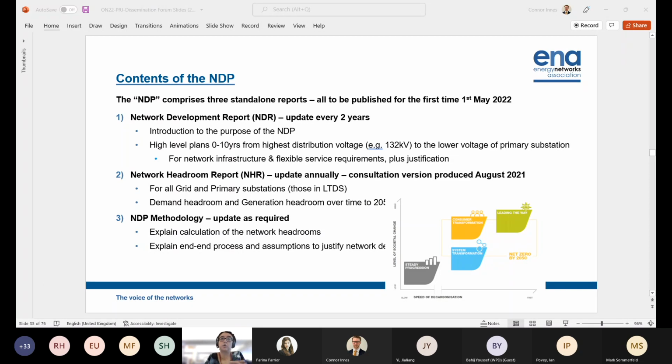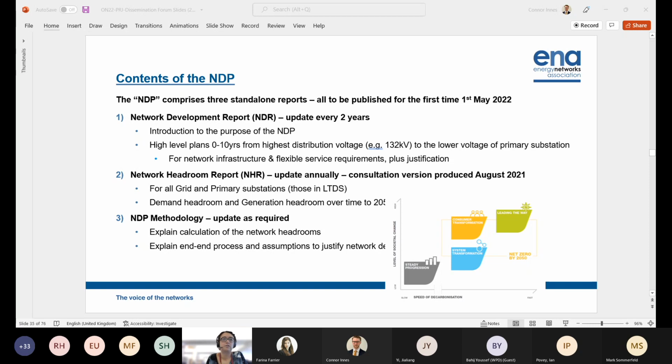Some DNOs are also developing additional scenarios to guide their planning, but at a minimum, each of the DNOs is going to be producing these headroom tables for all the substations in the LTDS out to 2050.